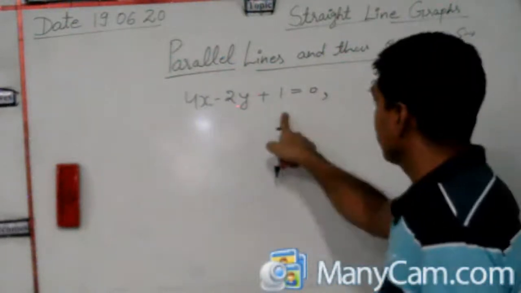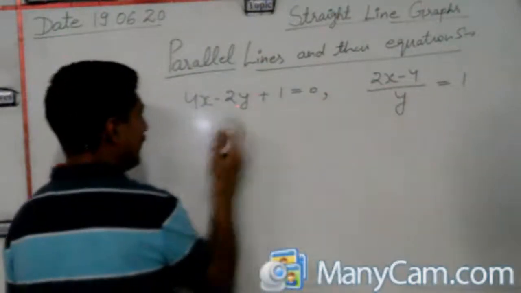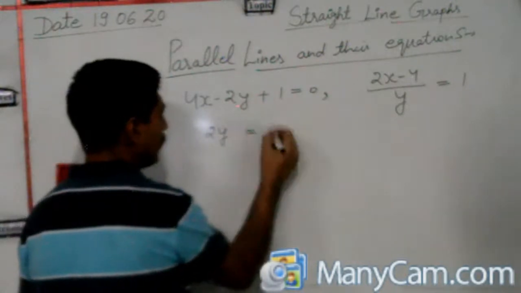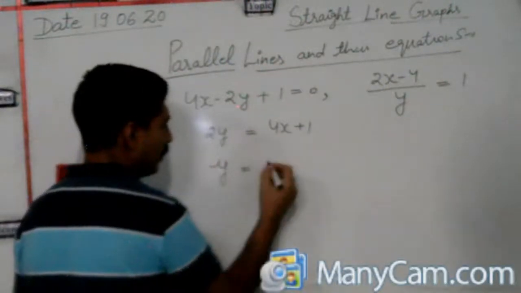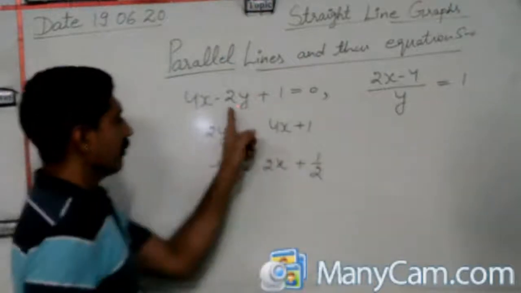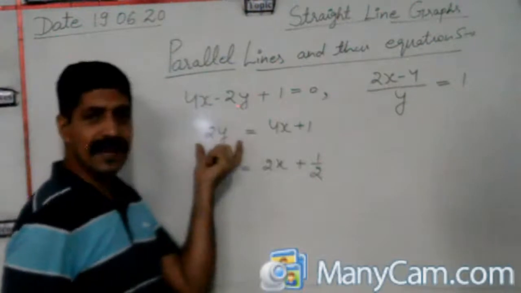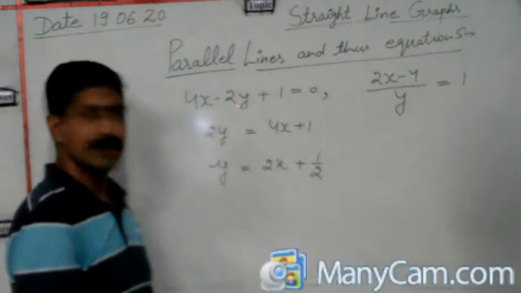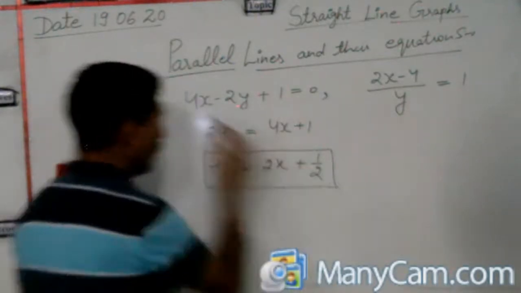So we can write these two equations in the standard form. First, 2y is equal to 4x plus 1, and y is equal to 2x plus one half. Here with minus 2y, the sides change, so I am directly interchanging the left hand side and right hand side.